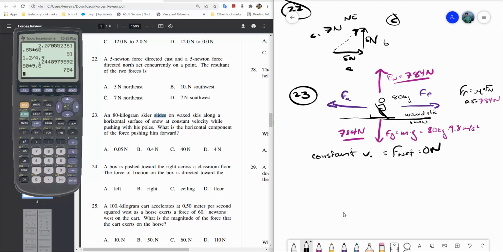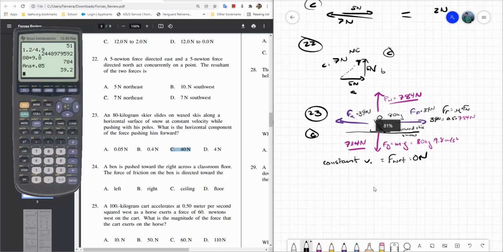If we multiply 784 by 0.5, we get 392 newtons. So the force of friction is about 39 newtons, which means the applied force is going to cancel it out, and it must also be 39 newtons. So the answer is 39 newtons, or if you round it, C, 40 newtons. 24.